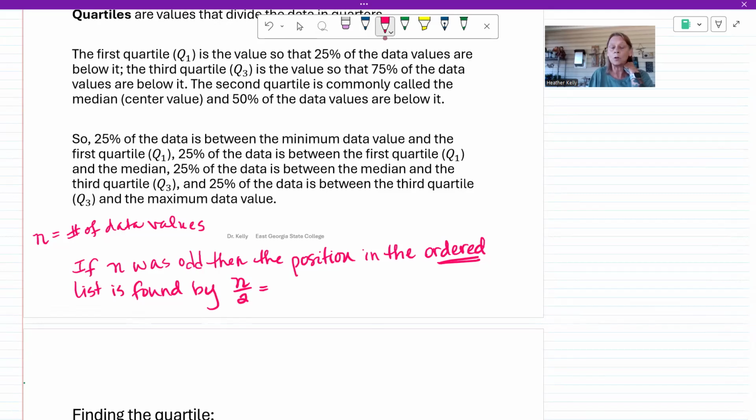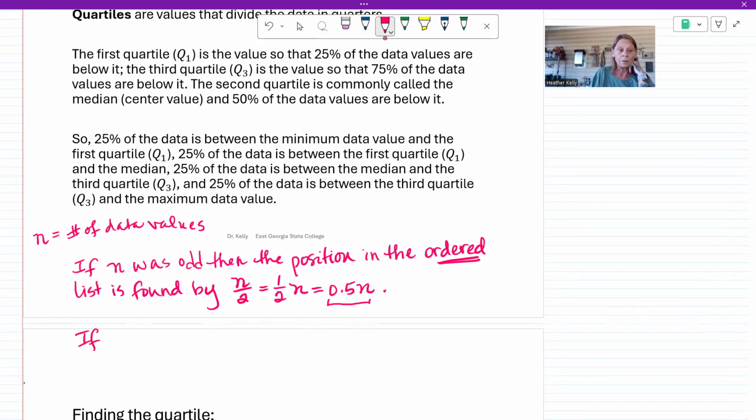And n over 2 is the same thing as saying 1/2 of n, which is exactly the same thing as 0.5 n. And this is what we're going to use to find the position. Now remember that this gives just the position. It does not give the answer. Okay. Just the position, not the answer. So if n is odd, then the position in the ordered list is found by finding n over 2.